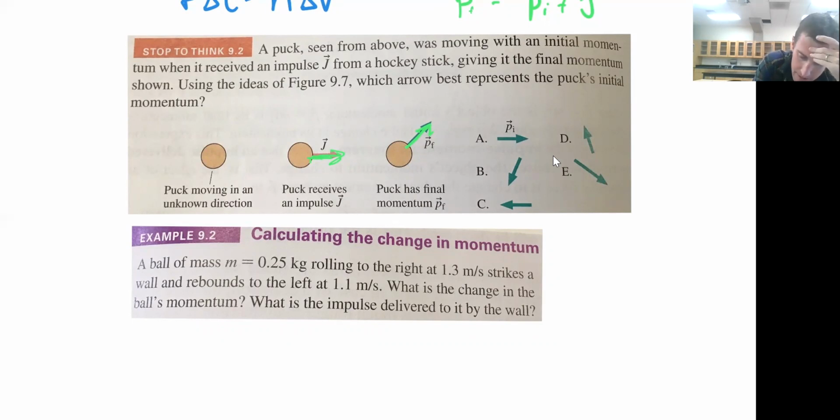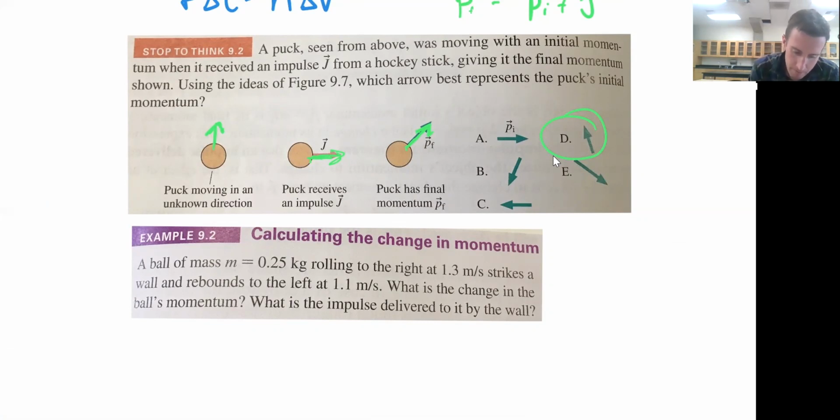So I'm going to need something to be going up like that way, so that I end up with something over there. Let's see. And the one that has an upward component is D. D is the only one with an upward component. E is going down, B is going down, A and C are going horizontally. So it has to be D because it has an upward component. And my final momentum also has an upward component. Okay.